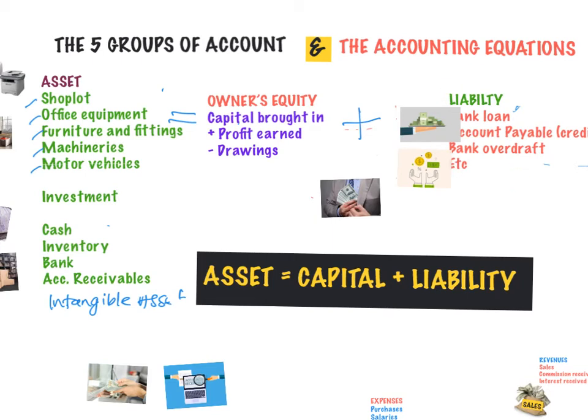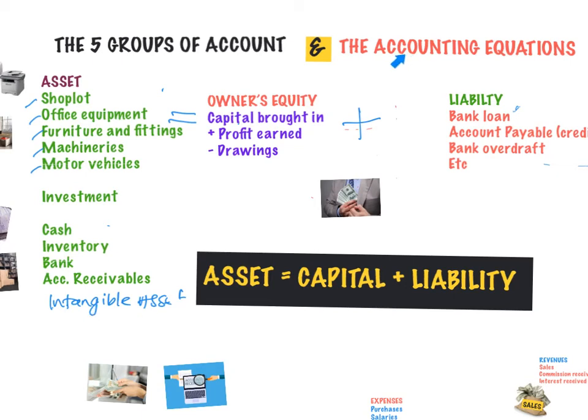I hope you can see that. Whatever you brought into the business and whatever external fund that you get from the bank, for example, will always be equal to the asset that you have, either in the form of non-current asset, investment, current asset, or intangible asset.